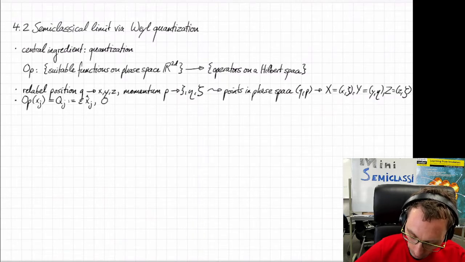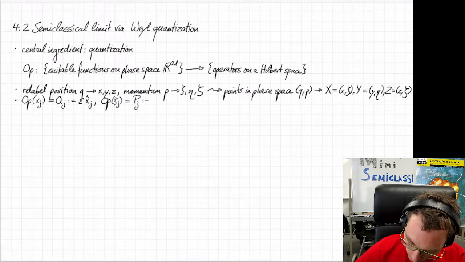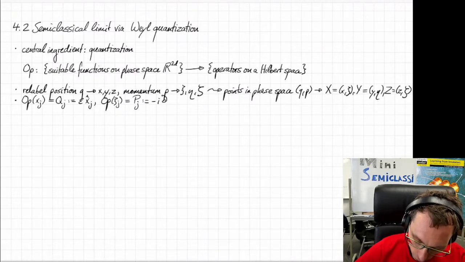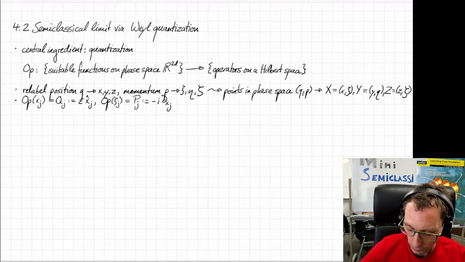Similarly, you also have the momentum operator, which is the quantization of xi_j, which is nothing but minus i times the partial derivative in x_j. So this is very, very easy to understand.